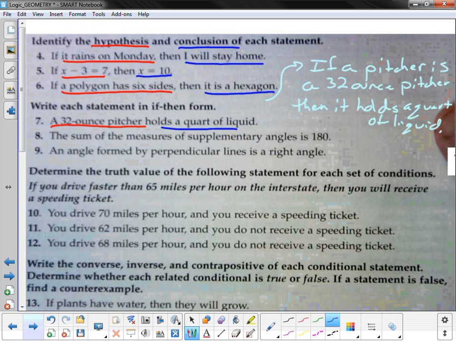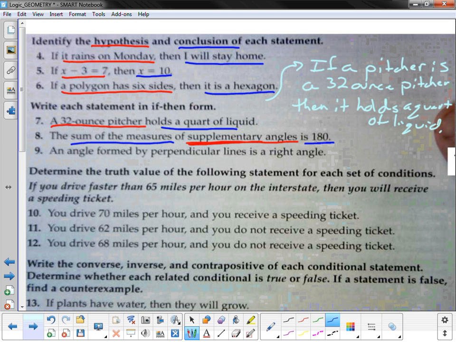The sum of the measures of supplementary angles is 180. This is kind of a strange one because of the way it's written. The sum of the measures of supplementary angles. Supplementary angles is my hypothesis. The conclusion is that their sum is 180.